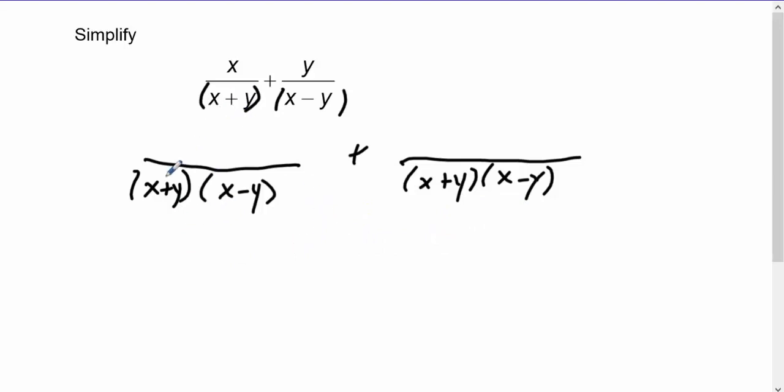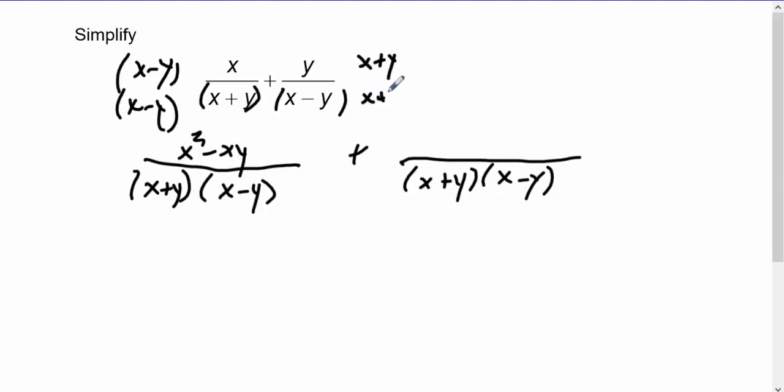So now to get from the x plus y to x plus y, x minus y, I need a form of 1, which will be x minus y. This I distribute, and I get x squared minus xy. I need a form of 1 here to multiply, which is x plus y. Again, I distribute through. This is an addition problem.